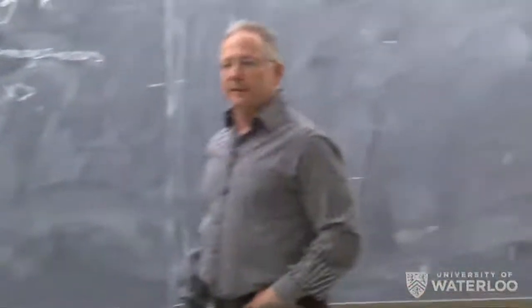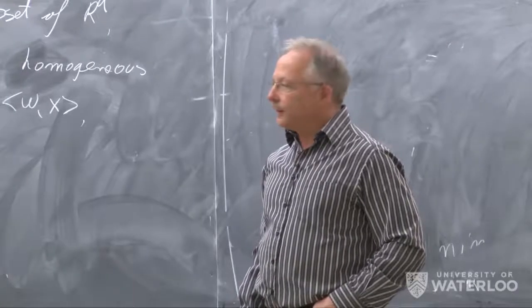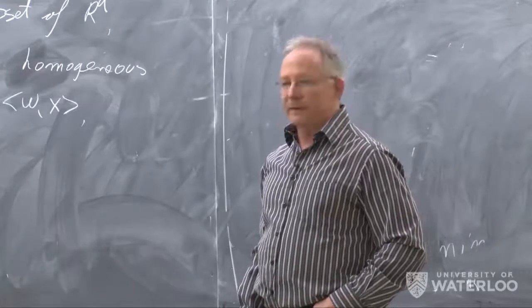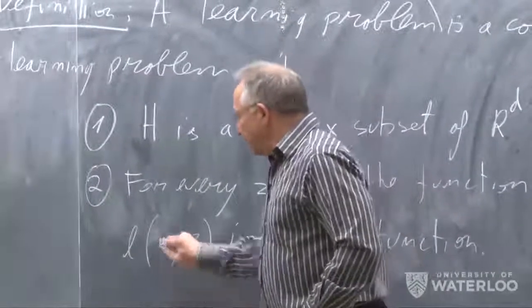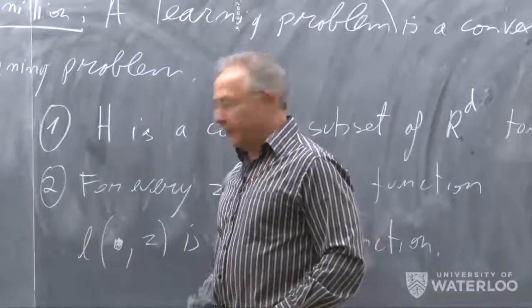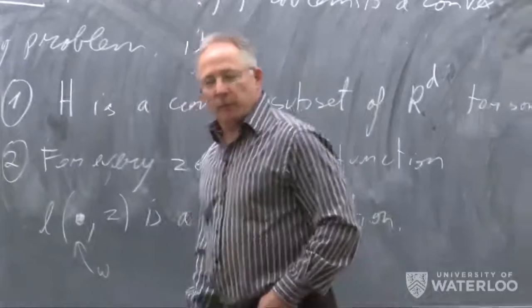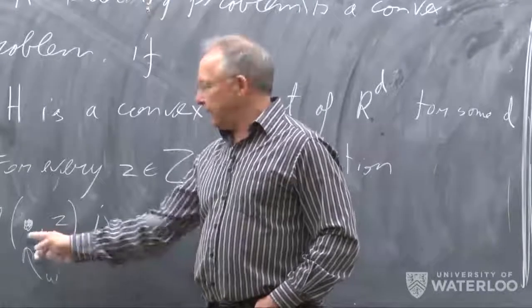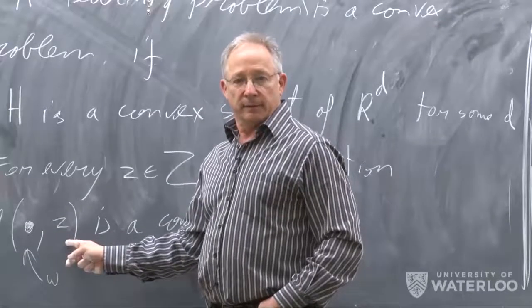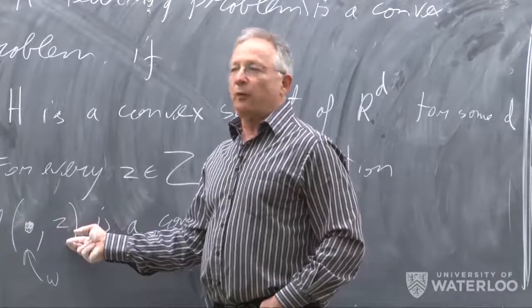Yes? For the last line on the third, is that L of a... Okay, so that's a very good point. What do I mean by this? I have here a dot, and the dot is going to be W. When I tell you that L has two parameters, H and Z, and that it's convex, we talked about convex functions of one parameter.